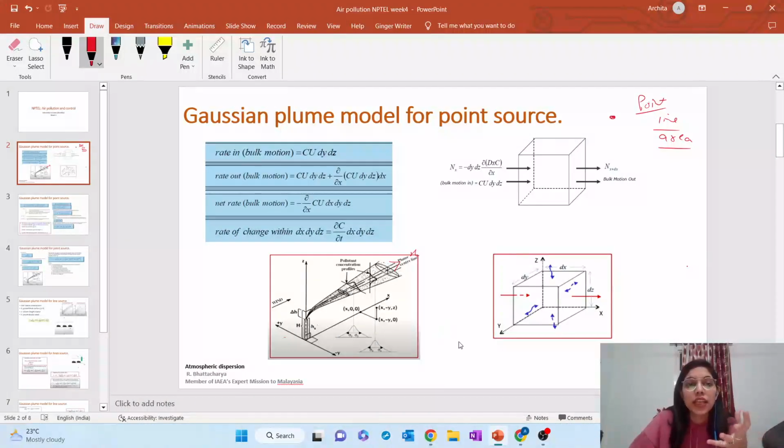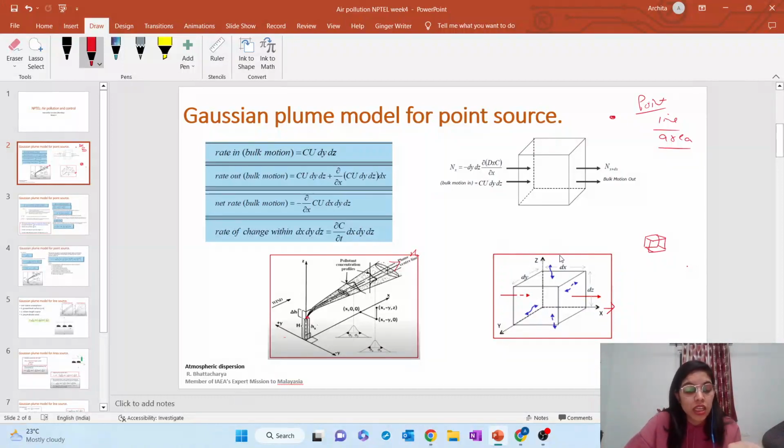Now, to comment on how the plume will behave for this point source, which is the emission coming from this chimney, we devise a simple method. Let's say this square is the plume. This 1 by 1 cube is a very tiny area of the point from where the emission is happening. In 3D space, there will be three directions. X is the direction where the plume is moving, y is perpendicular, and z is the direction of buoyancy.